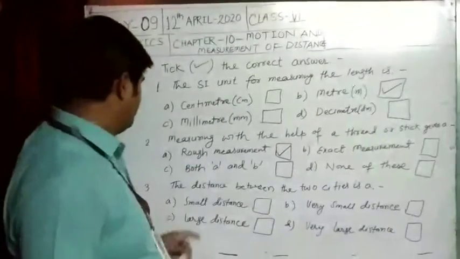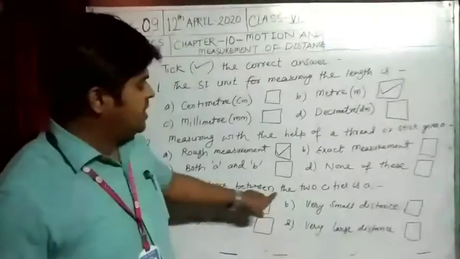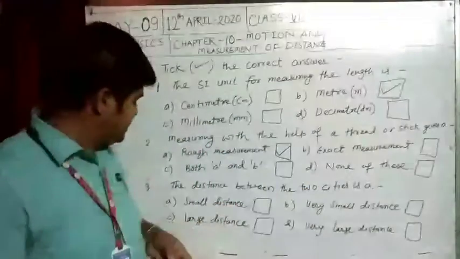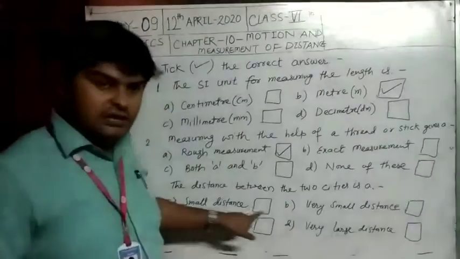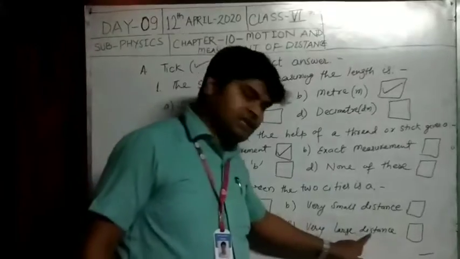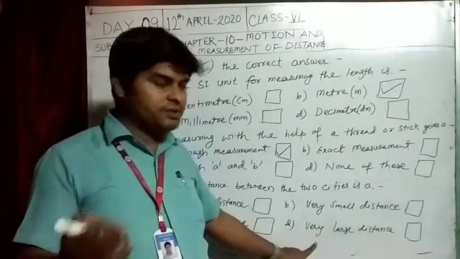Okay. Now question number 3. The distance between two cities is a small distance, very small distance, large distance, or very large distance. A very large distance means you compare between two states or two countries.